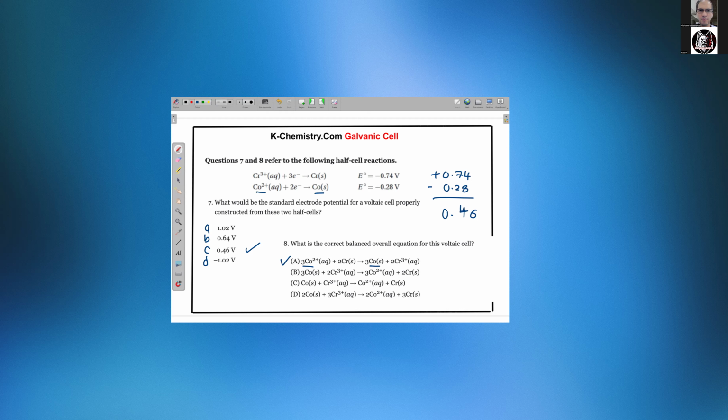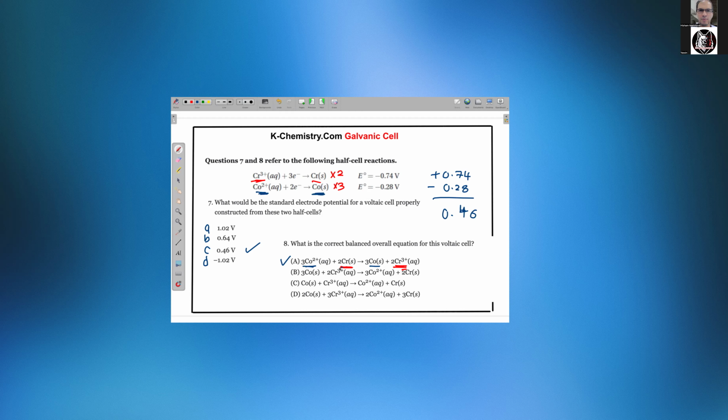That one will be reversed, so the chromium will come to this side, and this one will be on the product side. And this has 3 electrons and these 2 electrons, so we must multiply everything here by 2 and here by 3. So this becomes 3 cobalt and 2 chromium, and this one becomes 3 and 3. So that's correct.